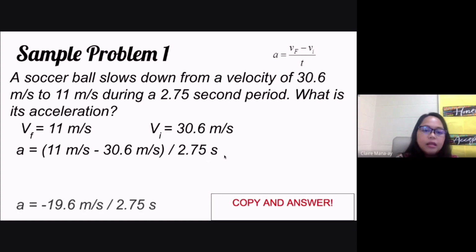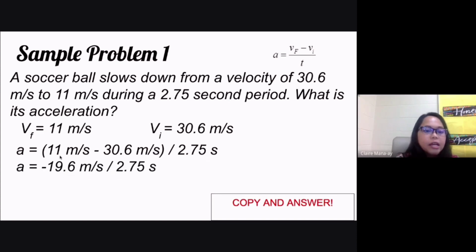Now continue with our calculation. Your 11 minus 30.6 would give us negative 19.6 meter per second. And of course that would be divided by 2.75.